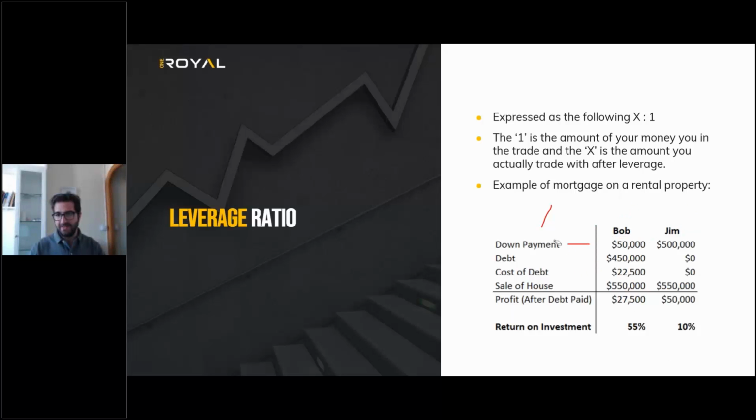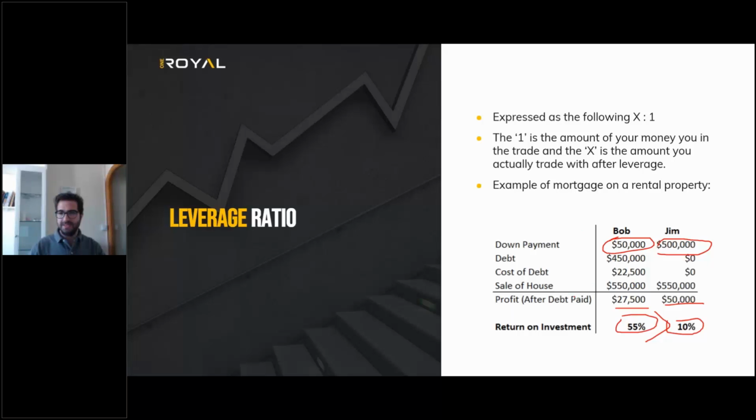It is 27,500 over 50,000, which is around 50%, but with the 7,500 it is 55%. So the 55% came from dividing this by this amount, the return on investment. The 10% is 50K divided by 500. So in terms of return on investment, Bob did more.